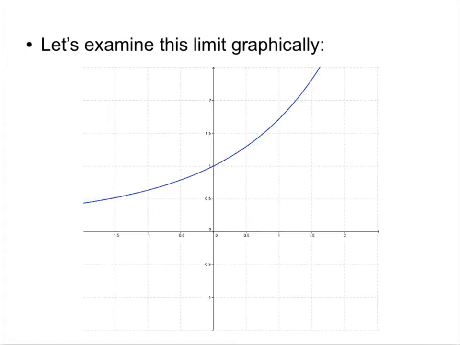When you graph that function e to the h minus 1 over h, this is the graph that you get. Notice if we call this the h-axis, and this is the y-axis, as h gets close to 0, the y value gets close to 1, right? So the limit of that function from either direction is 1.